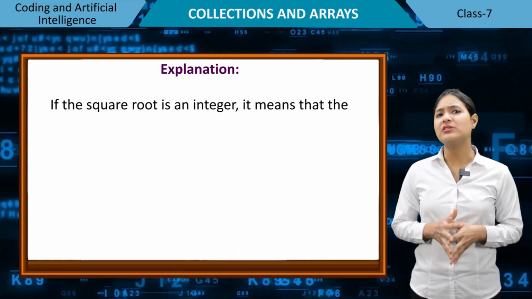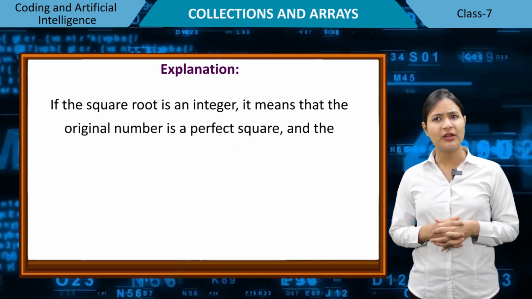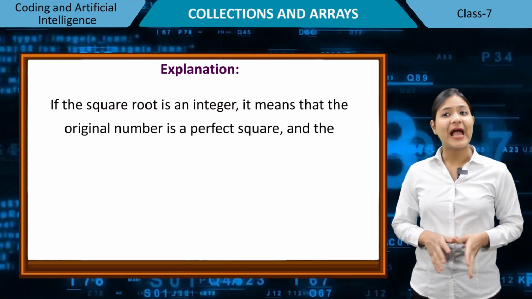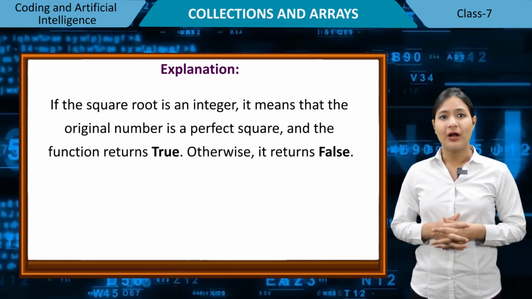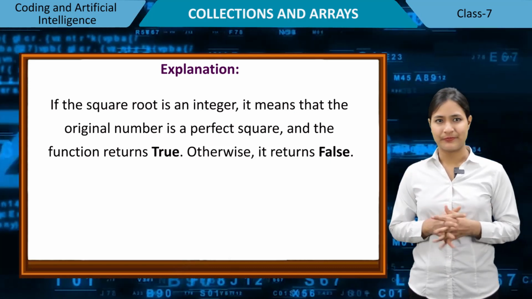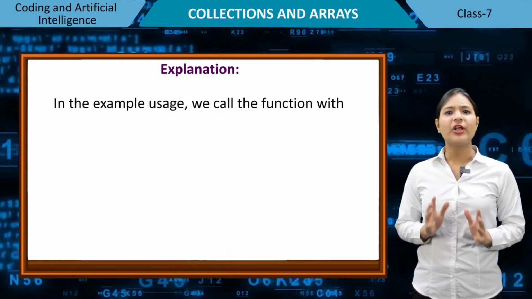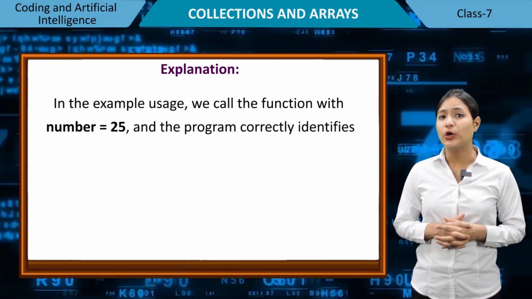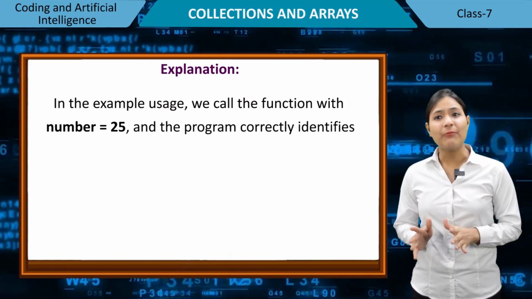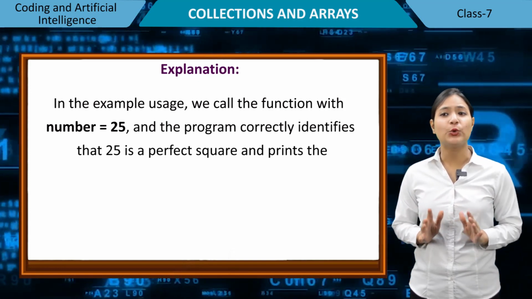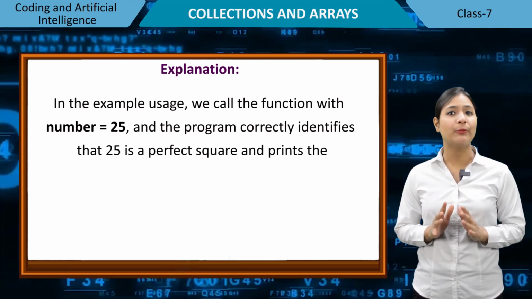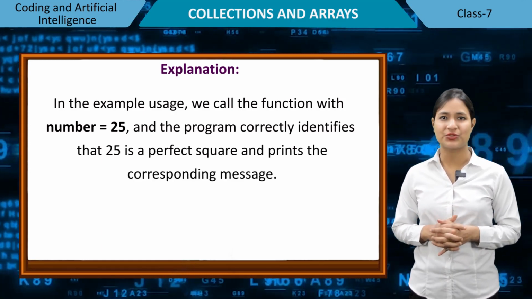If the square root is an integer, it means that the original number is a perfect square and the function returns true. Otherwise, it returns false. In the example usage, we call the function with num equal to 25 and the program correctly identifies that 25 is a perfect square and prints the corresponding message.